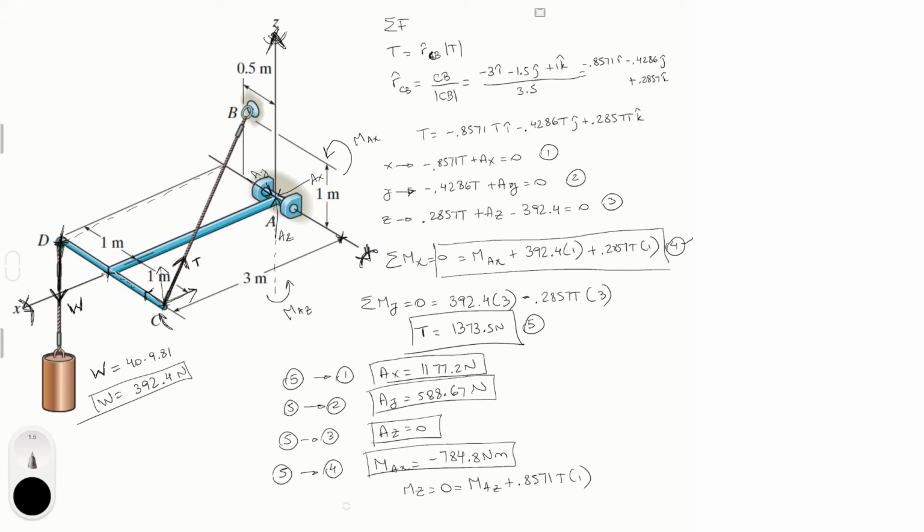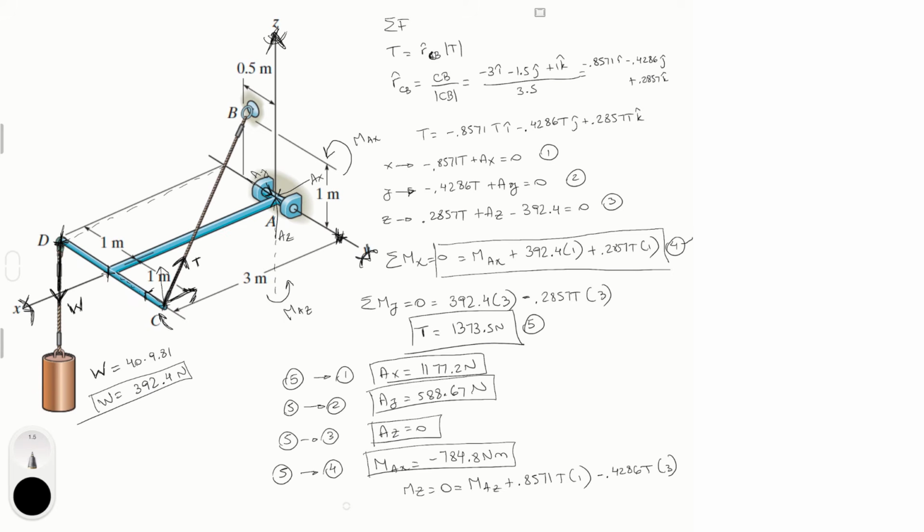So then we have minus 0.4286t, which is the y component of the force, which is also trying to turn it about the z-axis, and that is times 3 because that's the distance with the y.